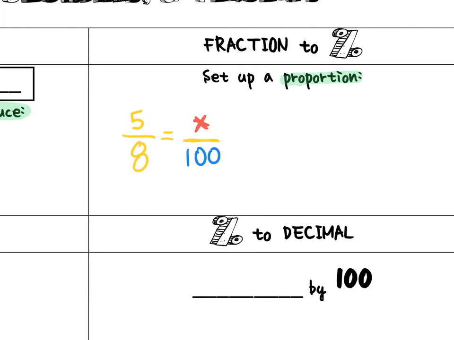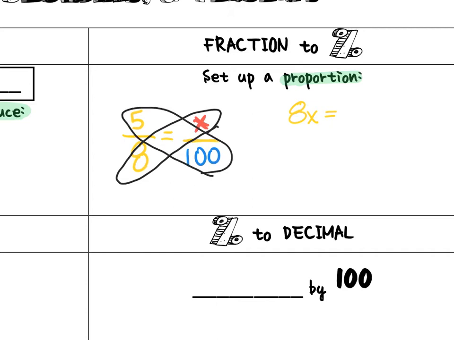So what that means is you take the things that are across from each other and you multiply them together. So that means over here you would get 8x is equal to 5 times 100. Or 500. Yeah, I'm just trying to show it step by step.